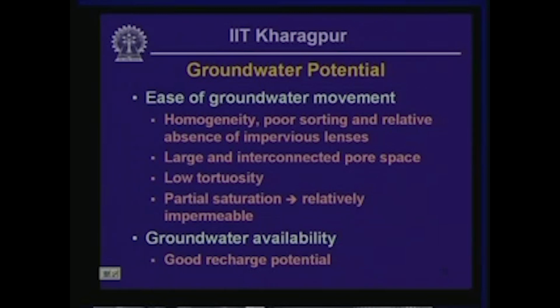And you also need groundwater availability to have good groundwater potential. If a soil deposit meets all the things that we discussed in the previous list, but it has got no possibility to get recharged with groundwater, then that particular volume of soil cannot act as a potential source of groundwater.